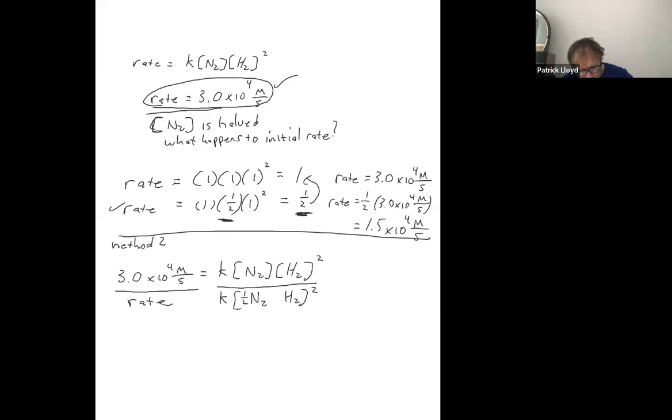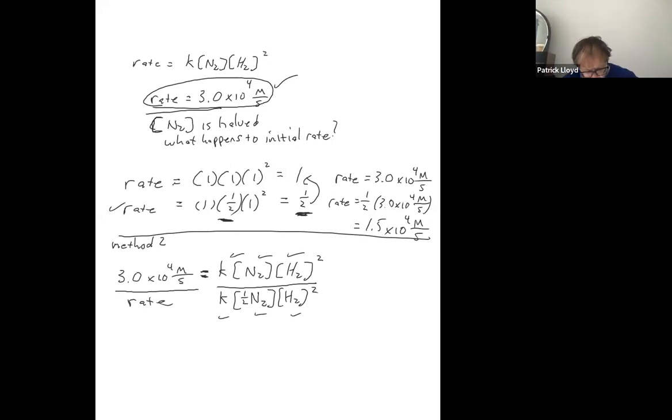There we go. So I did a ratio. I took the initial rate, which was given, 3 times 10 to the 4th molarity per second, divided by the rate that we want to figure out. That would be equal to the ratio of the rate laws. The rate law initially divided by the rate law once we've halved the concentration of N2.